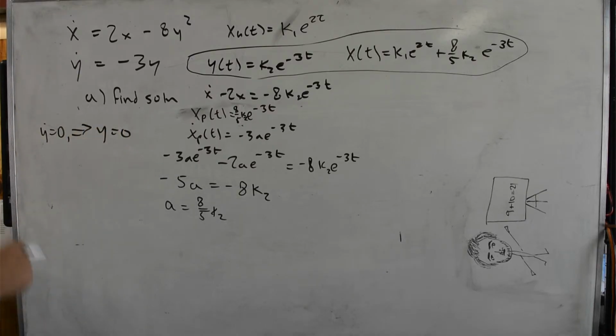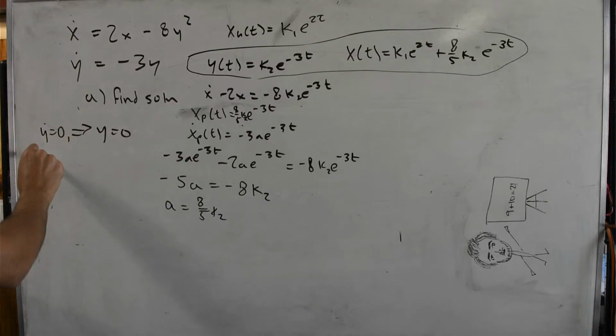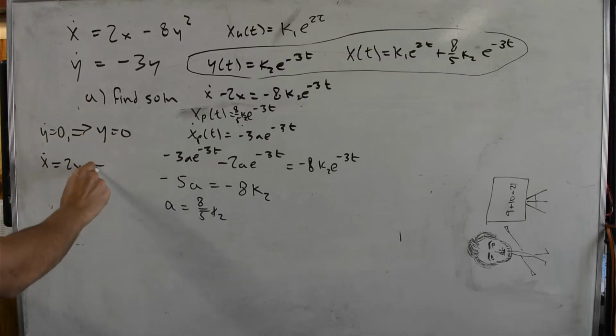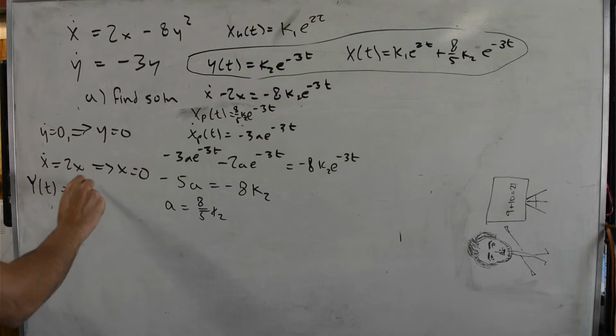So now we just need to find points where y is 0 and x dot is equal to 2x, but for this to be 0 implies that x is equal to 0. So the equilibrium solution is big Y of t is equal to 0, 0.